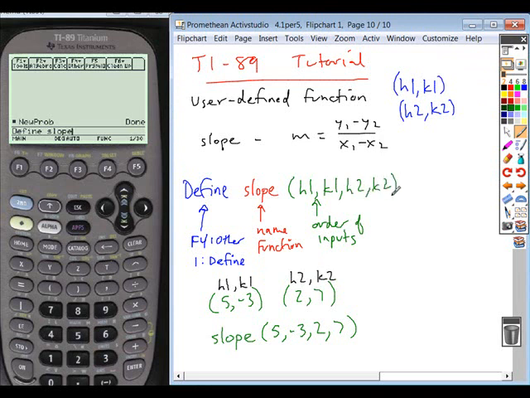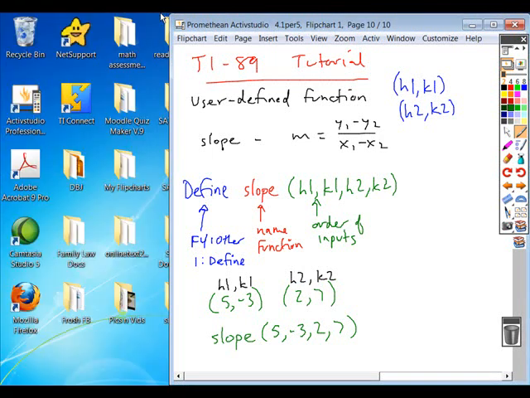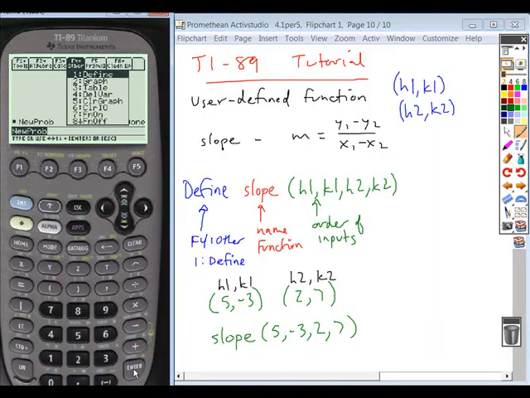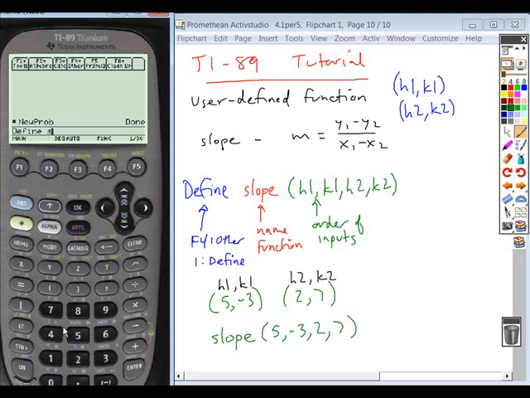Now, if you change this up, you have to always enter your information in whatever order you give here. So in parentheses, we need to identify h1, comma, k1, the order that we're inputting things, h2, comma, k2.